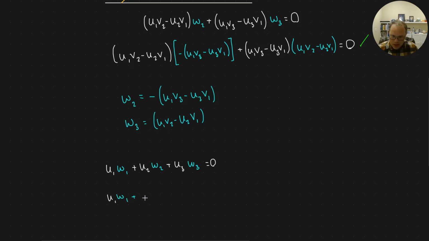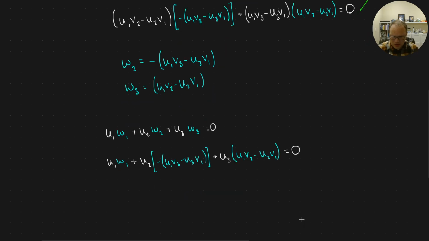U1 W1 plus U2 times W2, which I am choosing to be negative U1 V3 minus U3 V1, plus U3 times W3, which I've chosen to be U1 V2 minus U2 V1, equals 0. Okay, now just solve for W1.